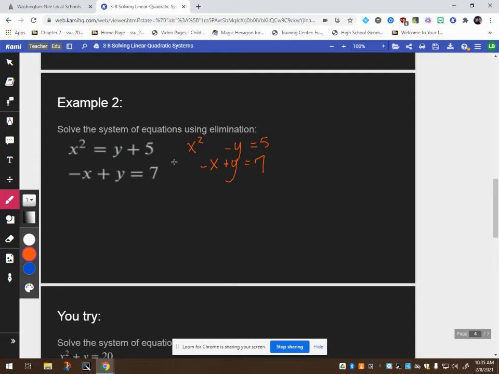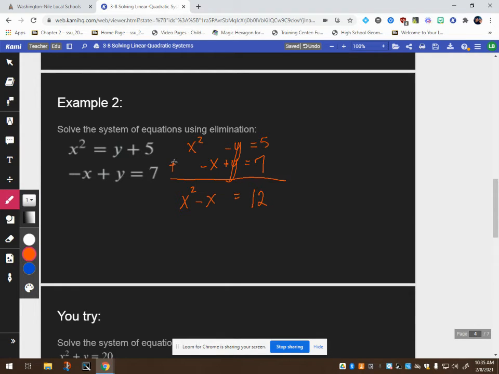Notice the way that I lined this up, so that when I add them together, I don't confuse myself and try to add unlike terms. x squared plus nothing is x squared. Nothing plus a negative x is negative x. Negative y plus y is 0. Those eliminate. And 5 plus 7 is 12.